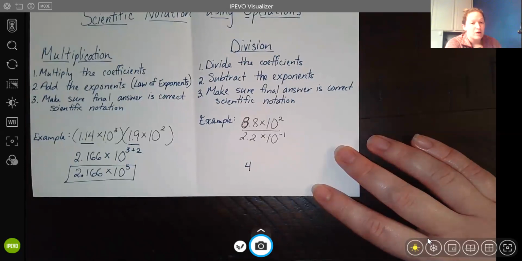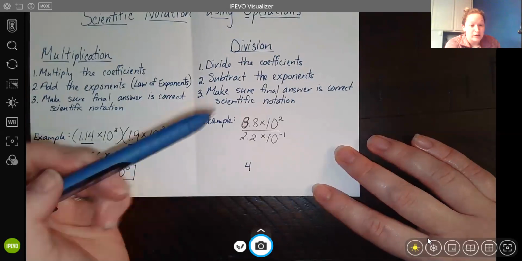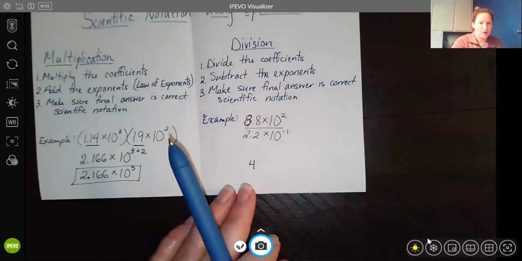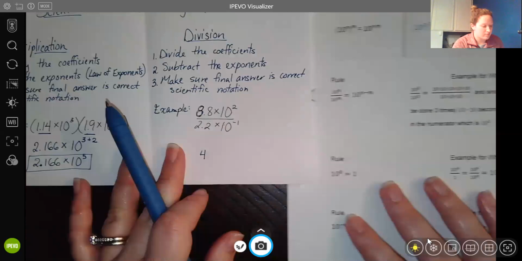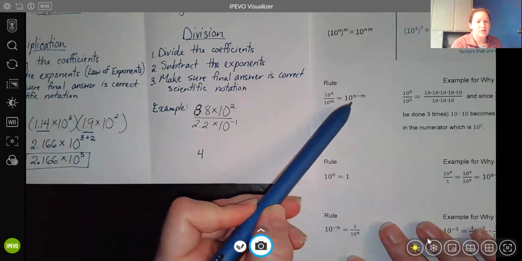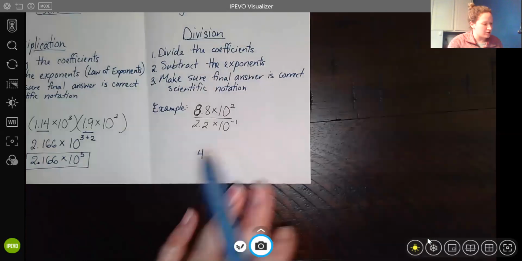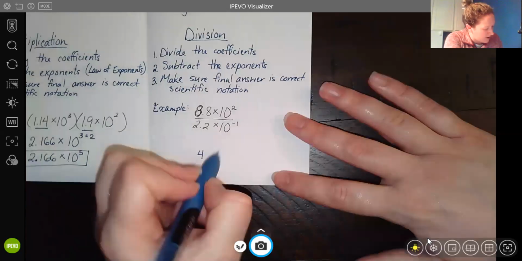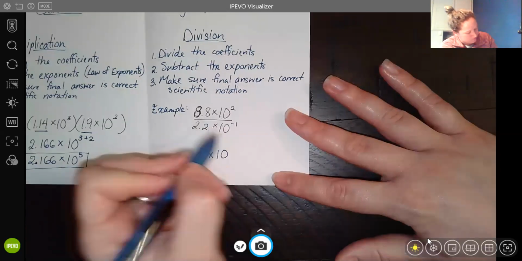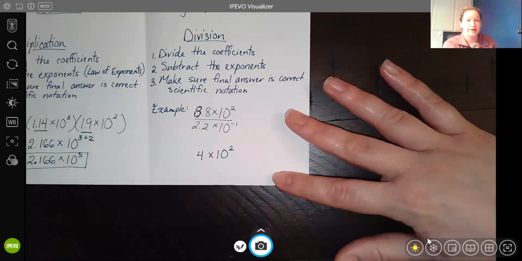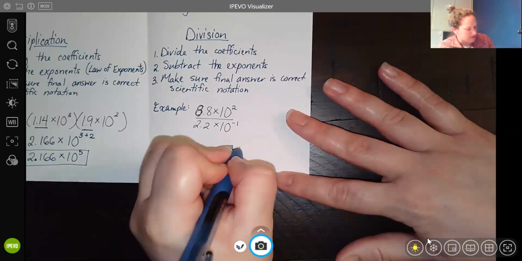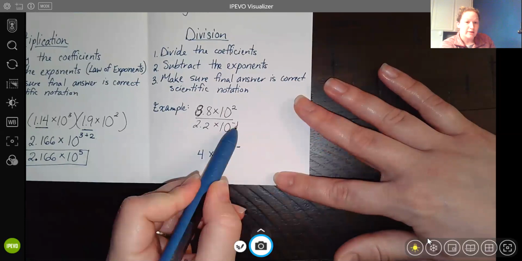Now I need to deal with this part of my scientific notation. Our law of exponents was that whenever we divide and the base is the same, we subtract those exponents. So that's what we're going to do. We have 4 times 10, and I'm going to take my first exponent, which was 2, the exponent in my numerator, and subtract the exponent in my denominator.